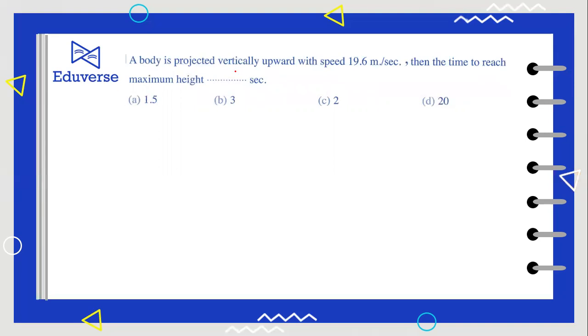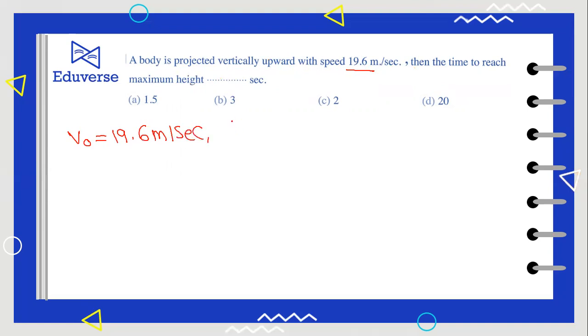A body is projected vertically upward with a speed 19.6 meters per second. Then the time to reach maximum height equals what? That's the last point we talked about. It's projected with this speed, so it refers to initial velocity 19.6 meters per second.